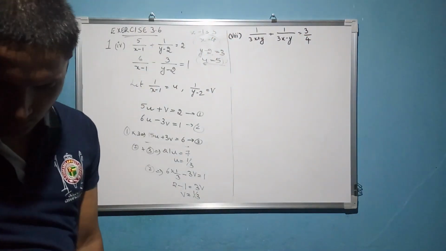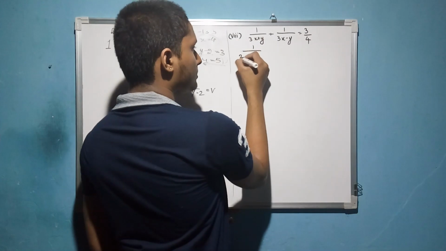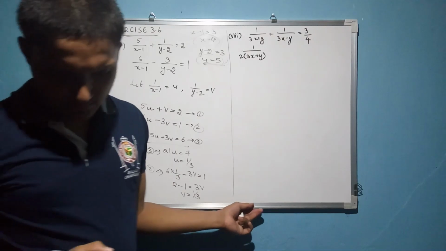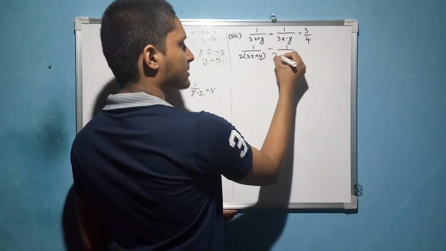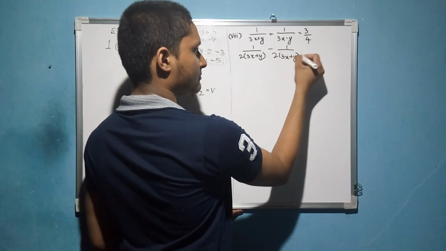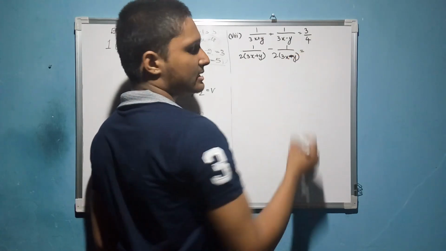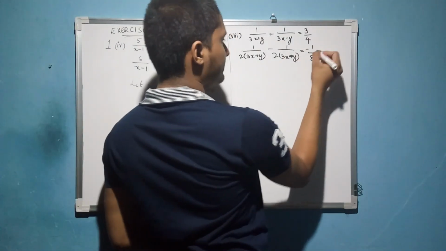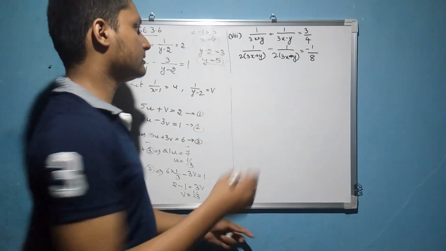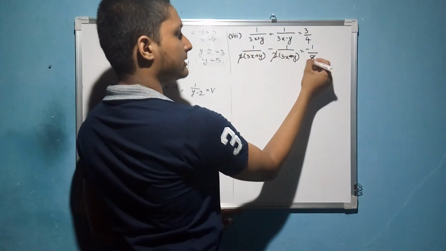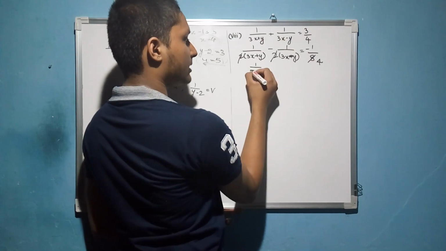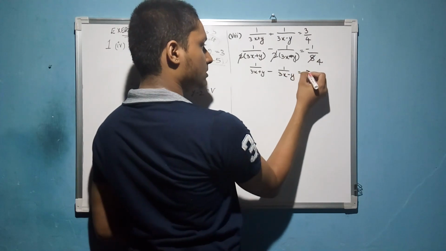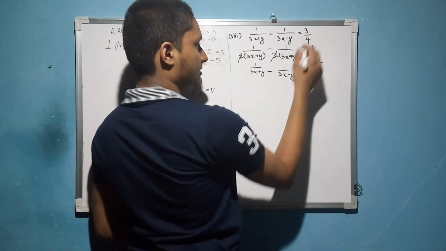Okay, now we have one more equation, that is 1 by 2 times 3x plus y, minus 1 by 2 times 3x minus y, is equal to minus 1 by 8. Since 2 is common here, I'll cancel this 2, and here it comes to be 4. Therefore it is 1 by 3x plus y minus 1 by 3x minus y is equal to minus 1 by 4. These two are the equations.